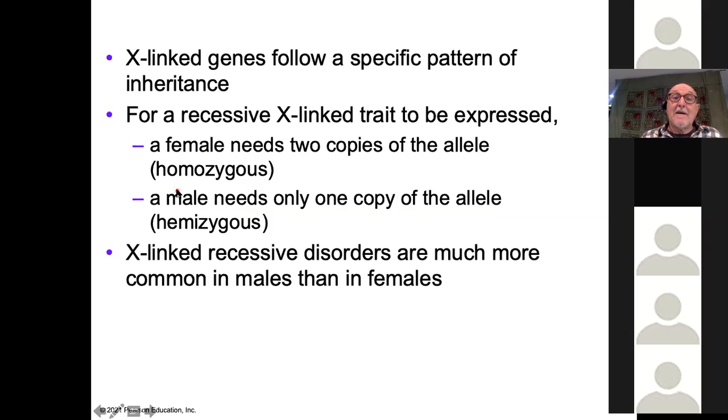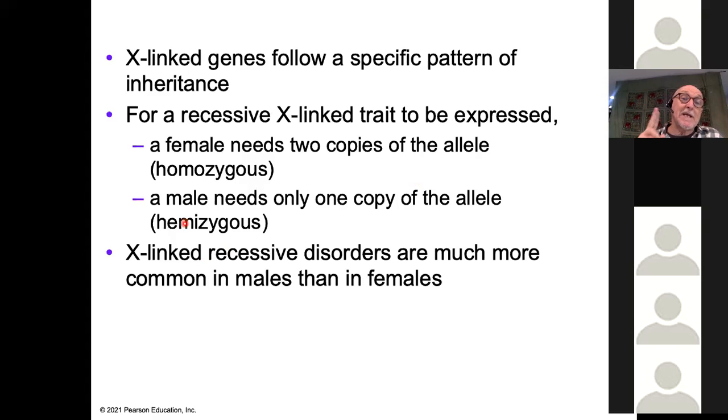Now, this pattern of X-linked genes results in a very specific pattern of inheritance, which we see over and over again for recessive traits. The reason for that is a female, in order to express the recessive, has to have two copies.